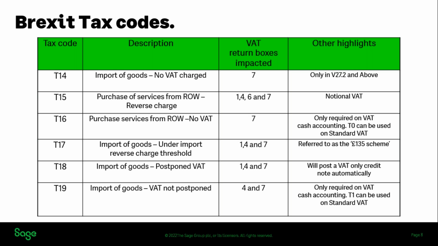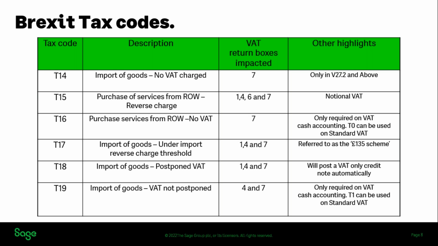Now, they are slightly different because postponed VAT, which we will demonstrate in just a moment, has an additional step that it will do. So this T18 not only puts on the correct impact onto your VAT return, but it also posts a VAT only credit note to correct your supplier balance.